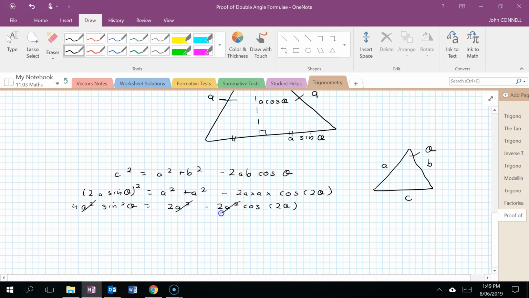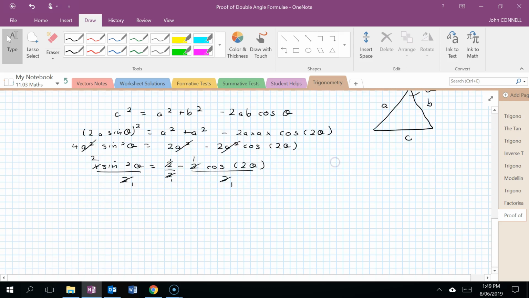So cancelling out my a squareds, I get 4 sine squared theta is equal to 2 take 2 cos 2 theta. And then dividing everything by 2, that cancels down to 2 and 1. They'll just cancel down to 1. And over this term, those 2's will cancel down to 1.